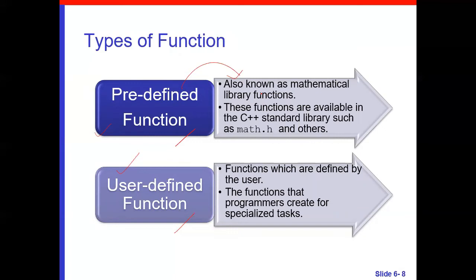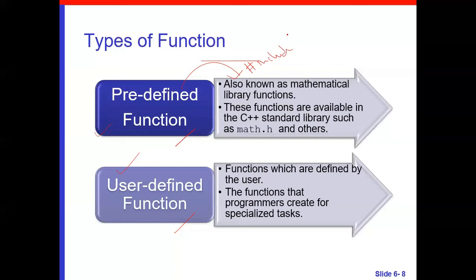So remember, when we want to call a predefined function, we need to put the hashtag include. Okay, this is an example of a predefined function call. A predefined function is usually defined by the programmer of your Dev C++. So the Dev C++ programmer prepares a function for you to use if you want to use it.